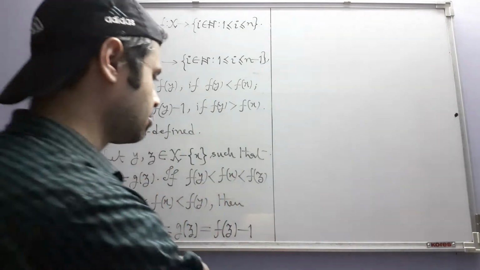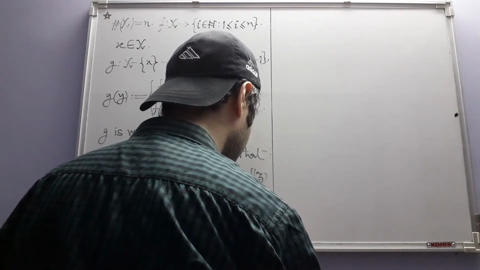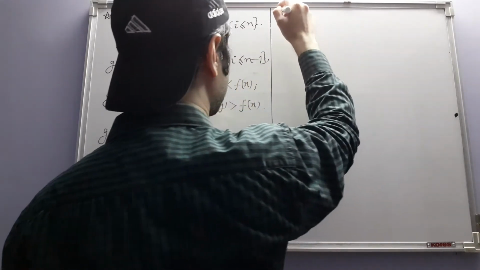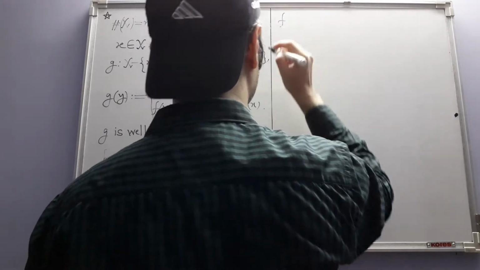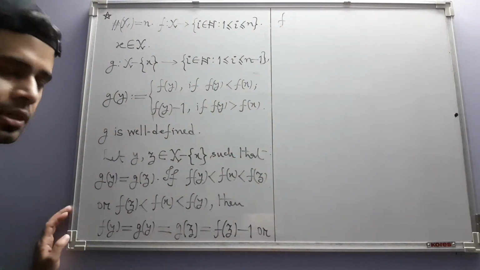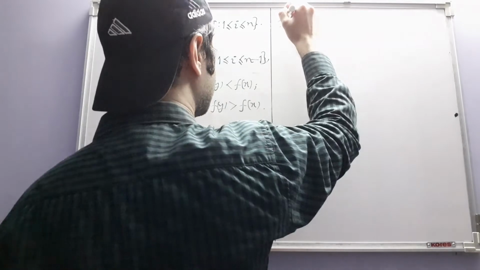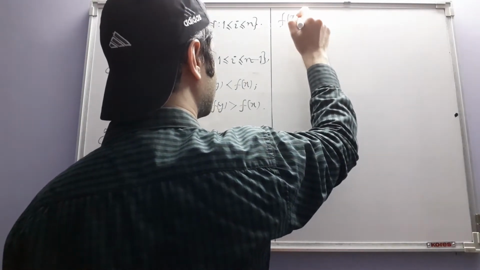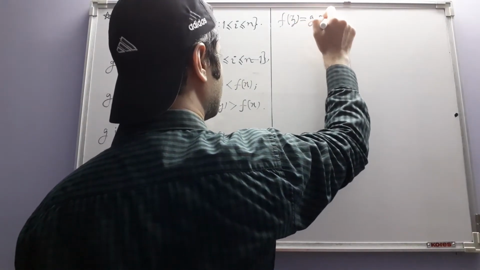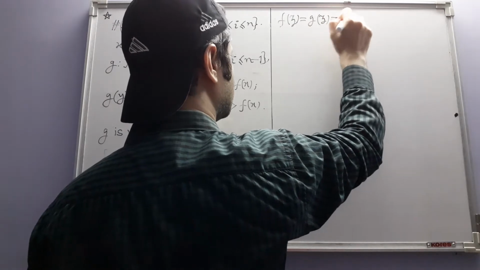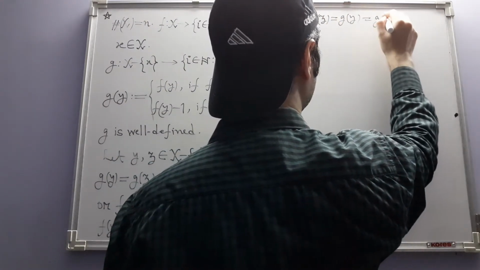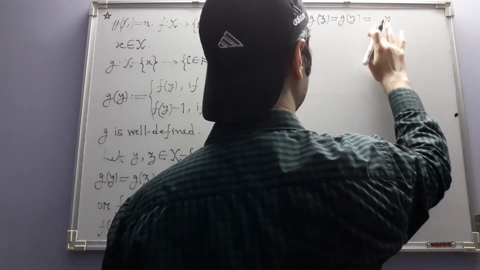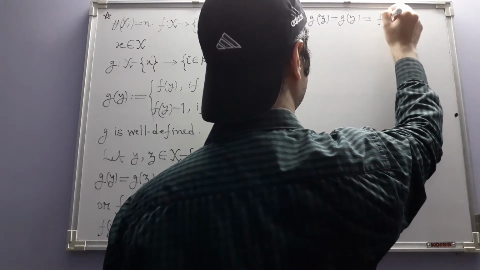Similarly for the second one, we will have a similar thing with the roles of y and z interchanged. So we will have f of z equal to g of z, which is g of y, and this will be equal to f of y minus 1.